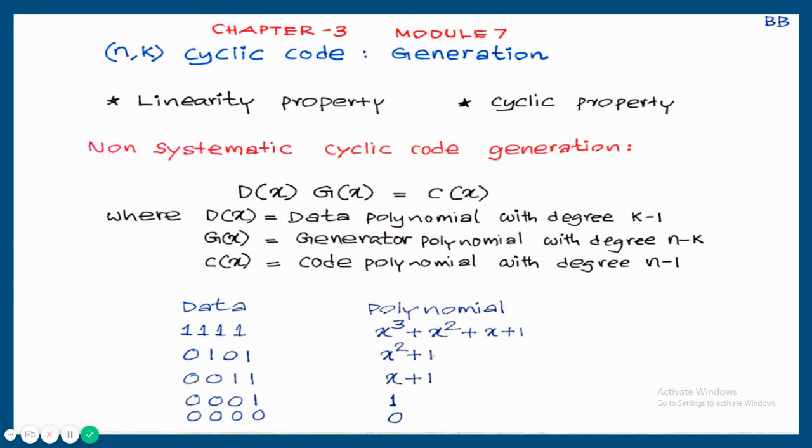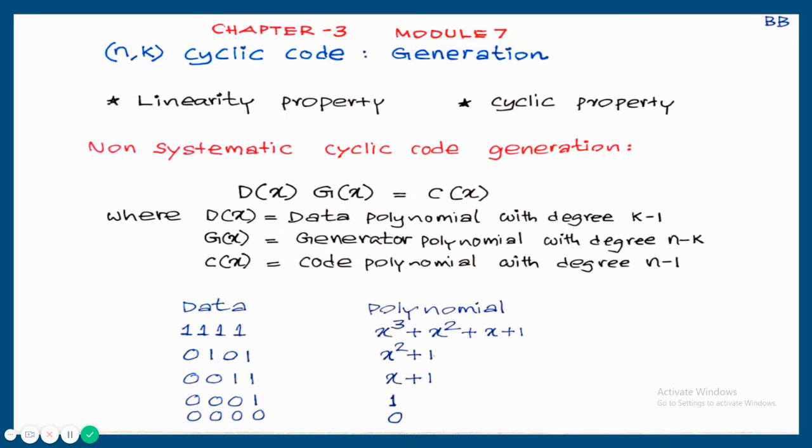The definition of cyclic code is: a block code is said to be a cyclic code if it satisfies the linearity property and the cyclic property. Linearity property: XOR of any two code words should generate a valid code.